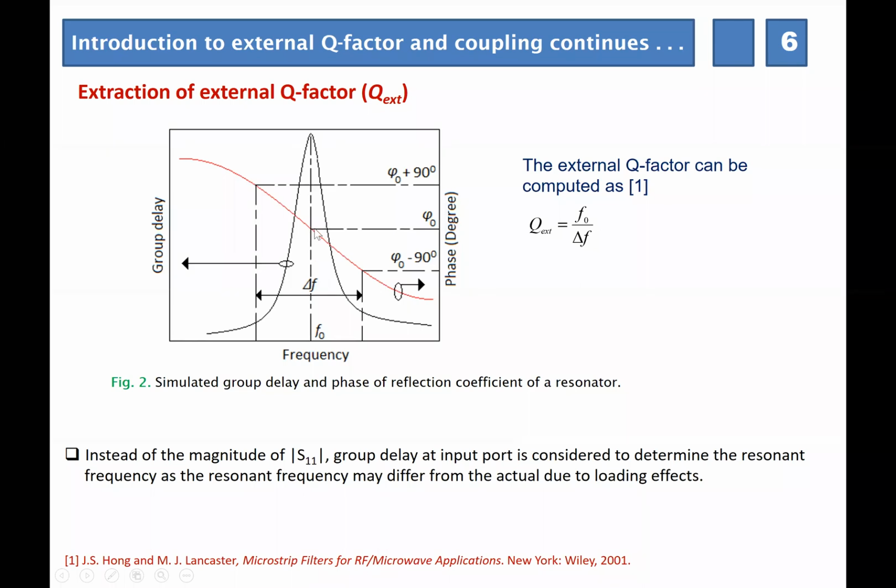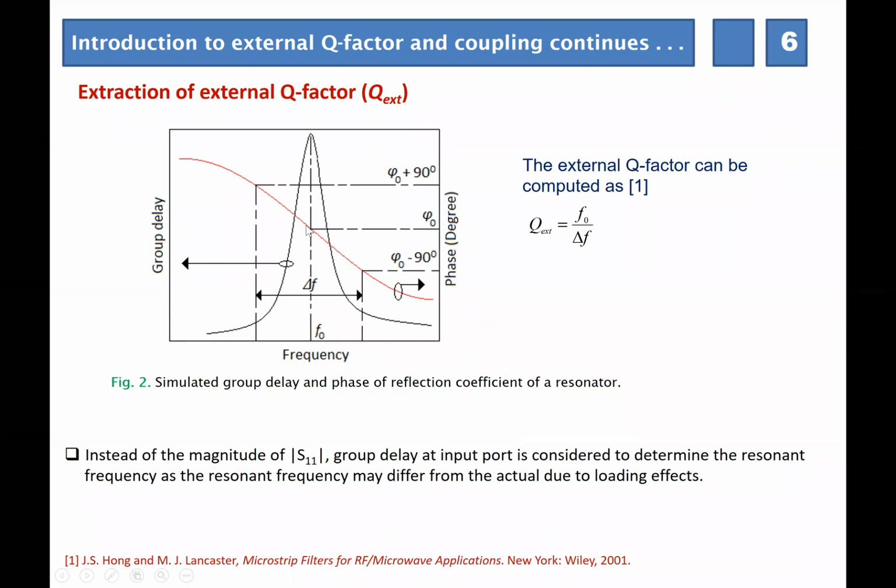There is another technique. You may have a look at the dip of S11 instead of the group delay, but that may not provide a very accurate result because the loading effect can change that S11. So the most appropriate way is to find out the group delay, and this red line is showing the phase of S11.